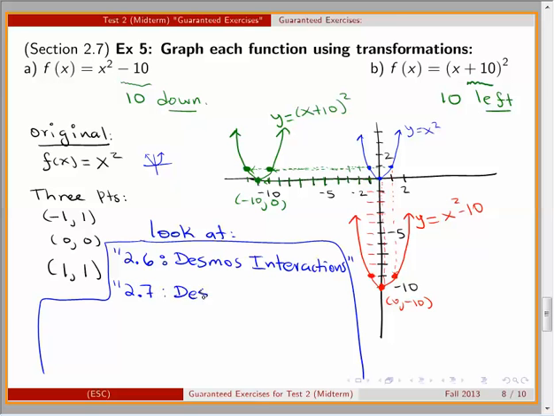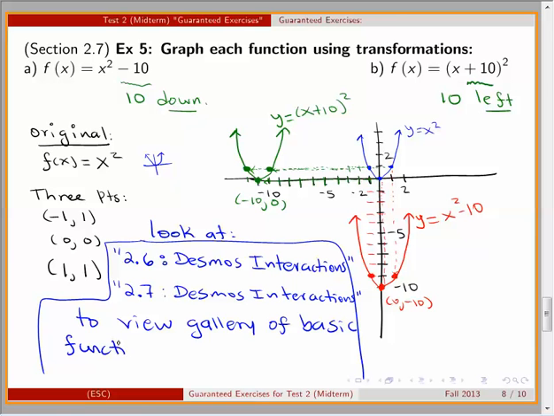The essential points are basically some of the basic points you should know to graph these functions. 2.6 is a gallery of the basic functions. You want to know all these 6 functions for test 2. When you are ready to take the midterm, make sure you review these basic functions from 2.6, and then 2.7 is transformations.